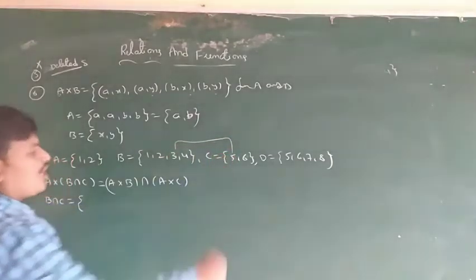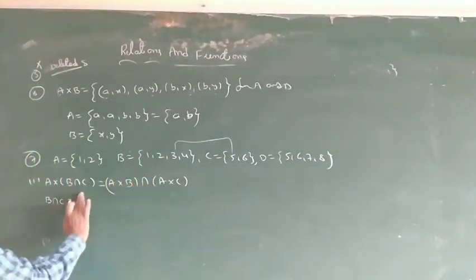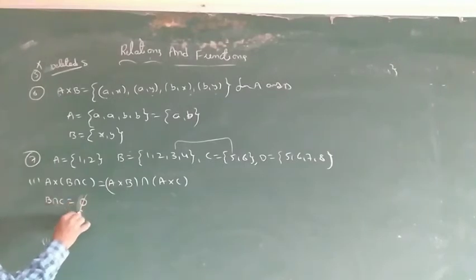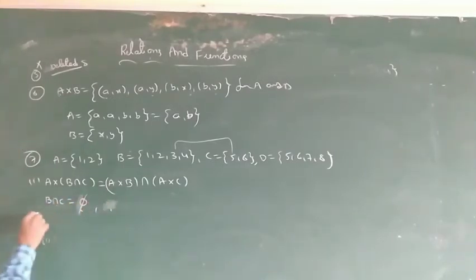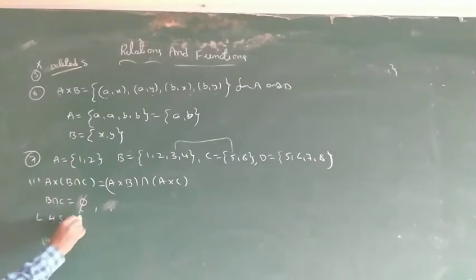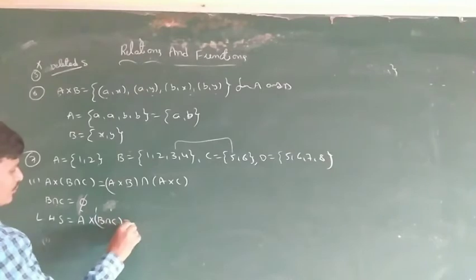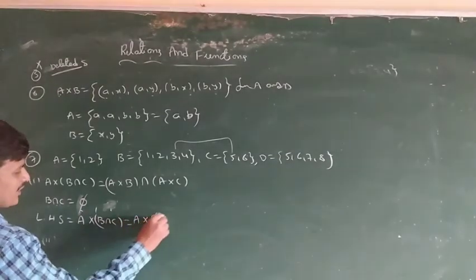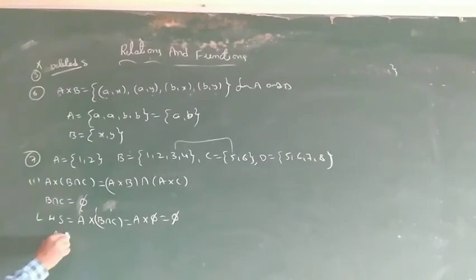There is no common element in both sets, so B intersection C is equal to pi. So LHS, A cross (B intersection C), is equal to A cross pi, which is equal to pi.